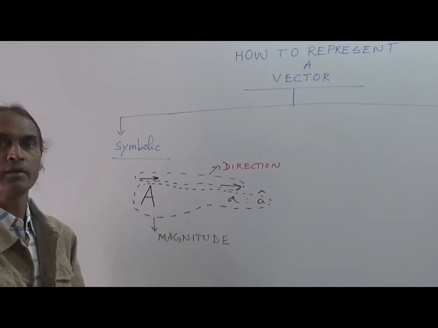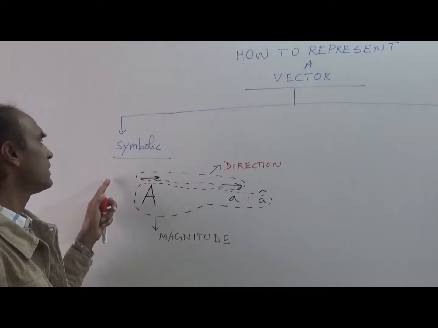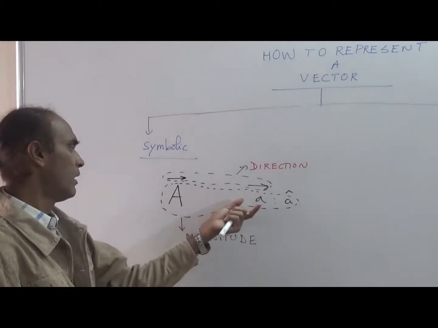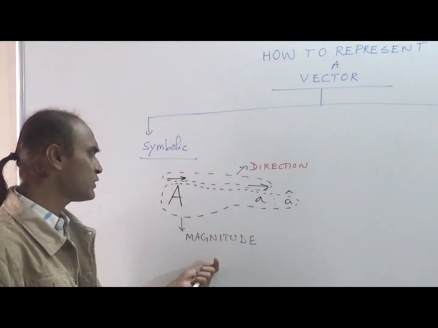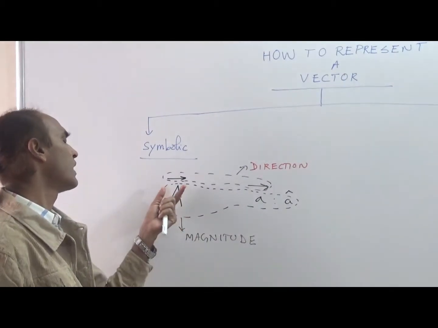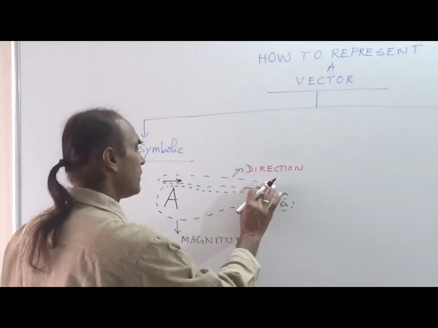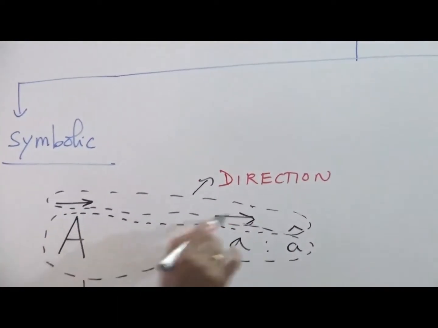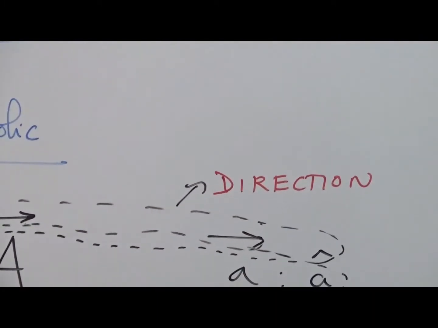In this way, we can represent a vector quantity in a symbolic way. The letter represents the magnitude part of the vector quantity, and the arrow or the cap will represent the direction of the vector quantity.